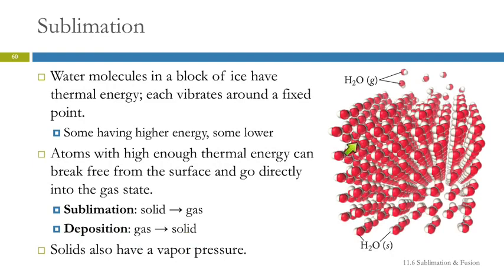Well, here we have an illustration of ice. Water in the solid state, you'll notice all these little water molecules are lined up, and they are vibrating, right? Everything has a certain amount of thermal energy. In a solid, the particles are vibrating, they're just not moving relative to each other. And the average kinetic energy of those particles is related to the temperature.